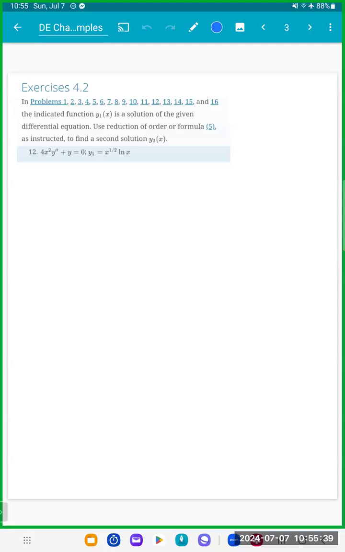So first, we want to identify our p of x, right, equal to 0. And so we have that our y2 is equal to x to the 1/2 ln of x. We're going to take the integral e to the negative the integral of 0 dx divided by x ln of x squared dx.